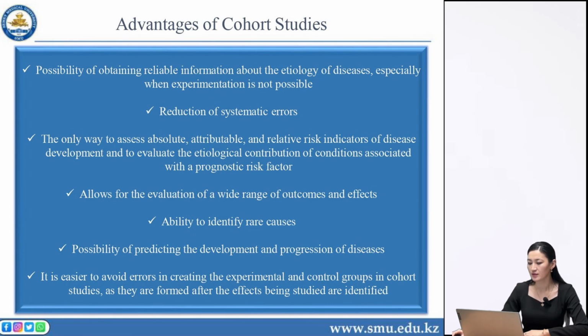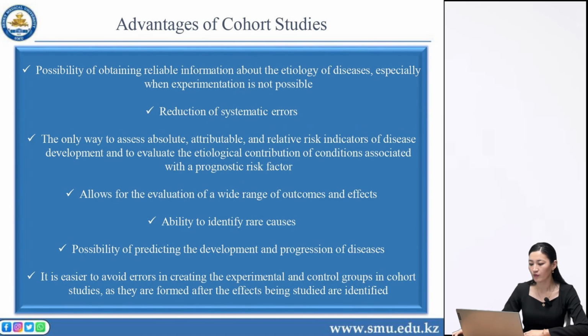Reduction of systematic errors, the only way to assess absolute, attributable, and relative risk indicators of disease development and to evaluate the etiological contribution of conditions associated with the prognostic risk factors, allows for evaluating a wide range of outcomes and effects, ability to identify rare causes, possibility of predicting the development and progression of disease.